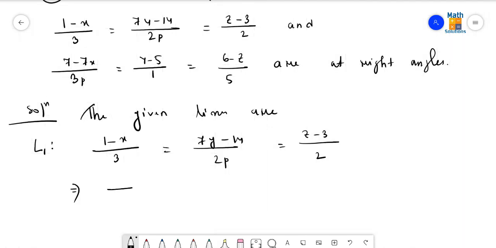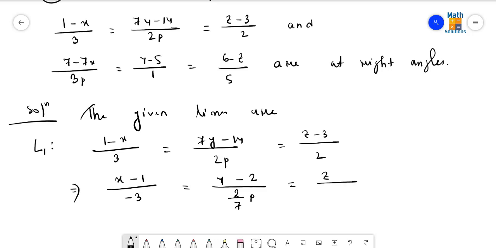The way to write it in proper way is x should be brought first, x minus 1, then 3 in the denominator part. In the same way, y should be independent here, y minus 2 divided by, actually both numerator and denominator should be divided by 7 to make y independent of 7. So it is 2 by 7p in the denominator part, then only it will be balanced.